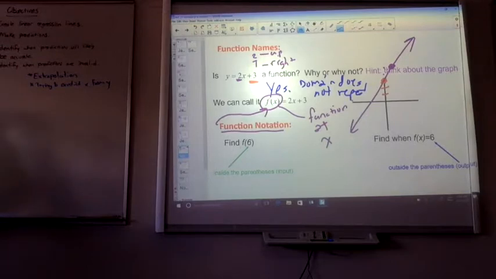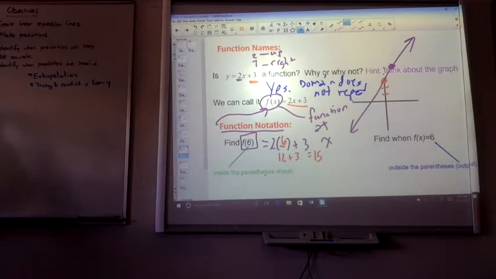Then it says find the function at, this is no longer the function at x, it's the function at what? 6. So rather than the function at x, the function at 6 is written this way. What had been right here in this equation? X. What do you think I'm going to put there now? 6. So 2 times 6 is? 12 plus 3 is? Okay?